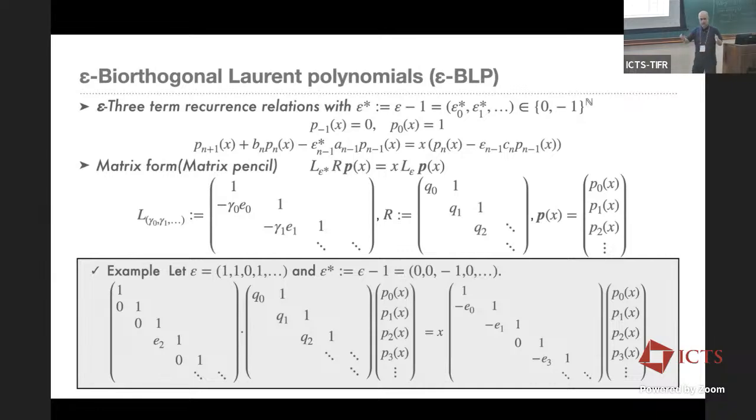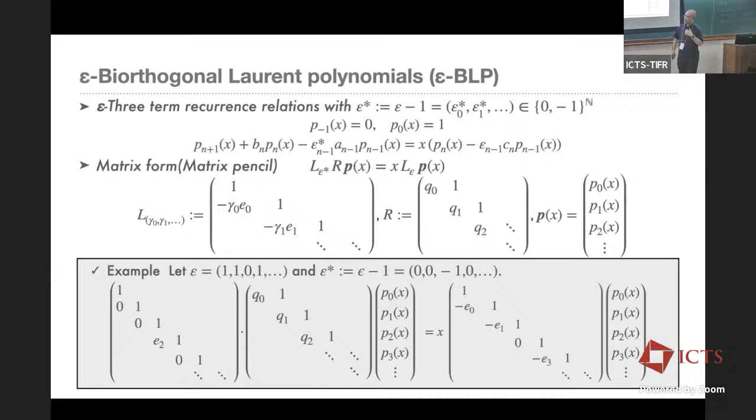So this is a type of epsilon biorthogonal Laurent polynomial system. By choosing this epsilon sequence, we can express the Toda case, the standard orthogonal polynomial case, or the Laurent polynomial case. Both of them are contained in this expression.